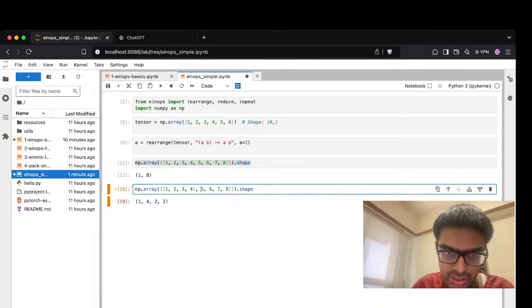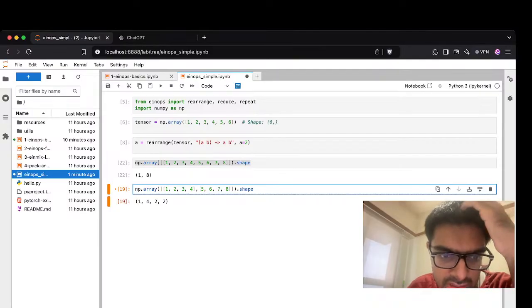np dot array, sorry, and then do a dot shape of this. What do we just do now? Does this close? Yes. Does this close here? Yes. Does this close here? Yes.